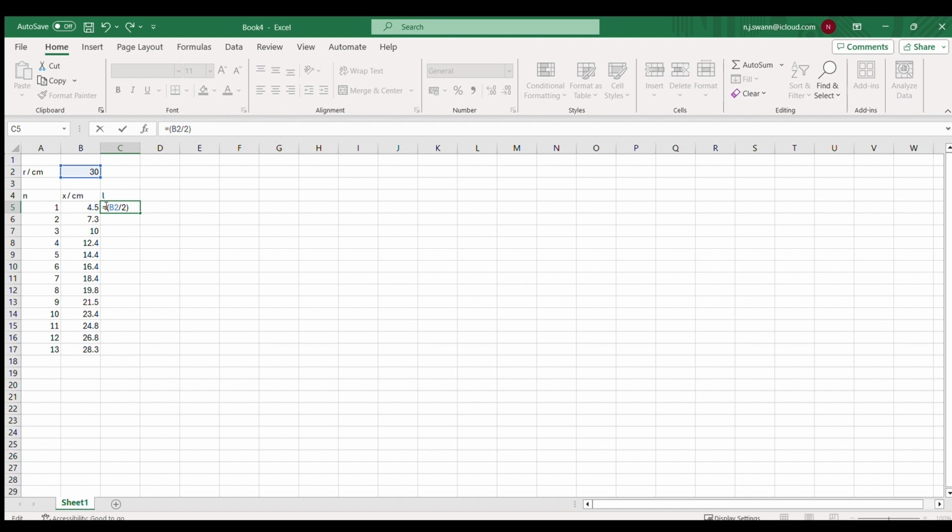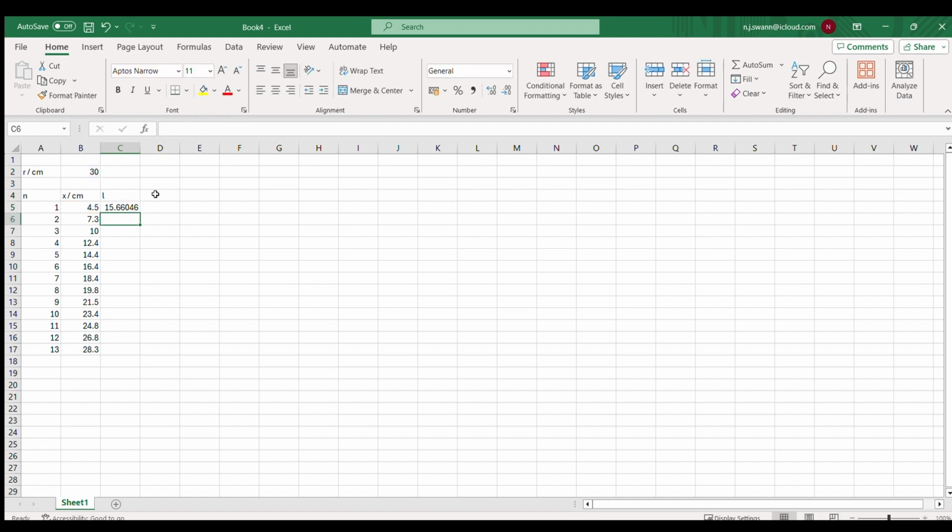So it is that squared, and then a big bracket around all of that, plus x squared, and a bracket around that, and then I want to square root the whole thing, SQRT.